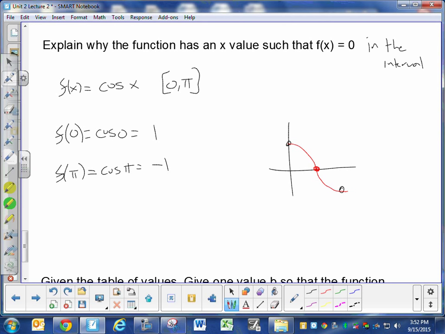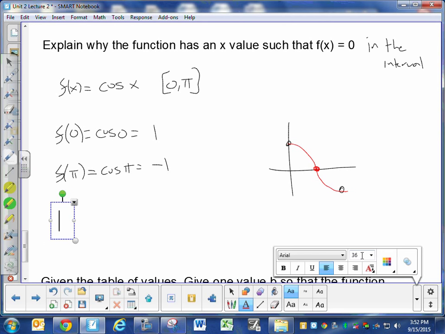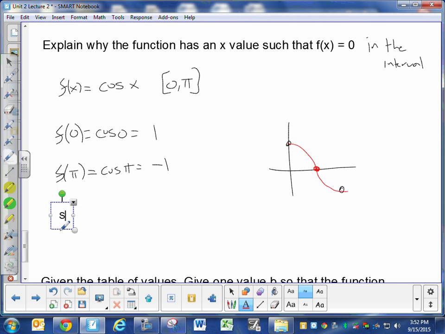So I would say, I'm going to type this in. Shrink it a little bit. Since f is continuous, f of 0 equals 1, f of pi equals -1.